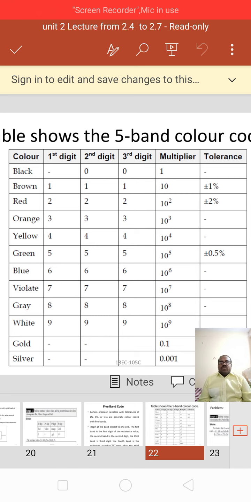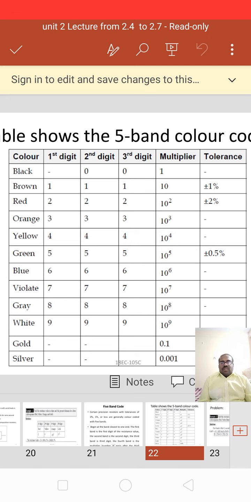Here colors also start from 0 and end at 9. So digits 1, 2, 3 correspond to 0 to 9, and the multiplier starts from 1 to 10 power 8, 10 power 9, equally as in the 4 band color code technique.